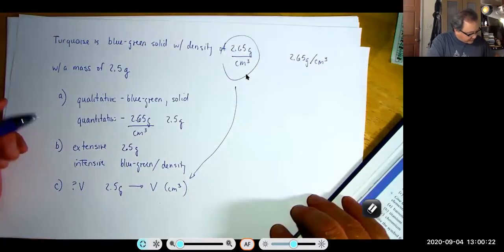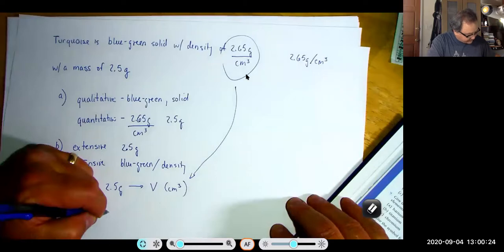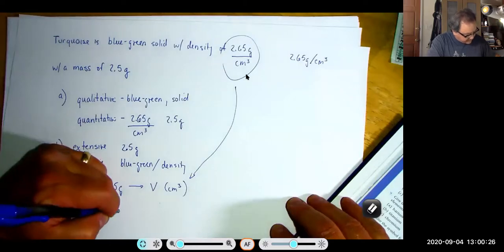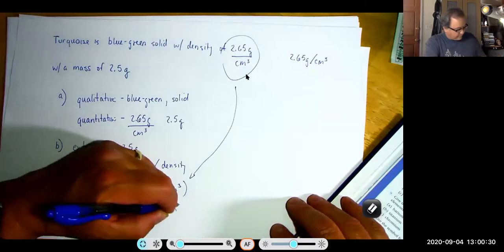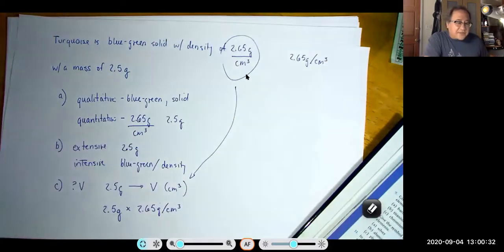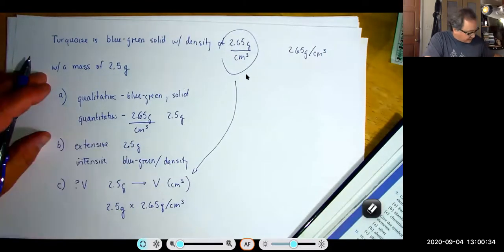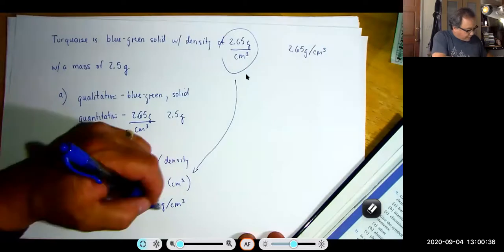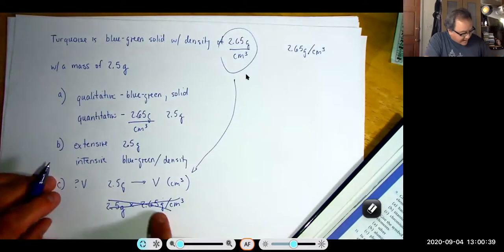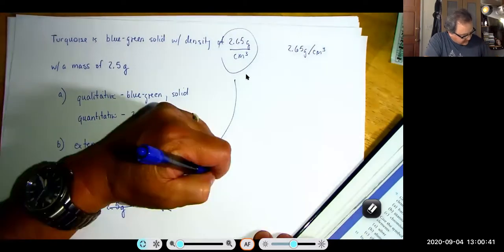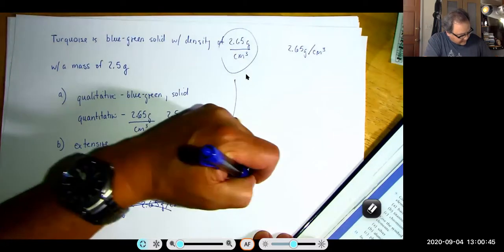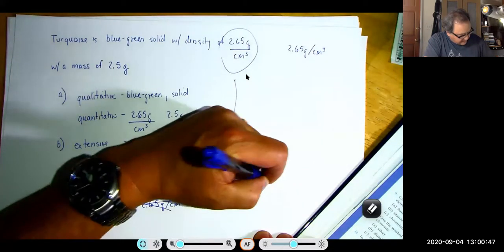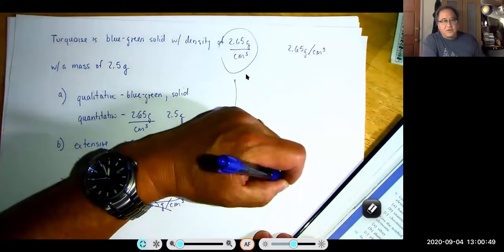Now, if I do this, do the grams cancel? And the answer is they don't. So this won't work. So what if I put this upside down? Would that work?